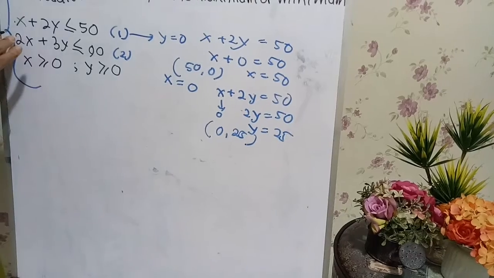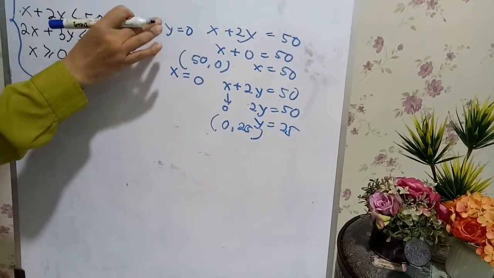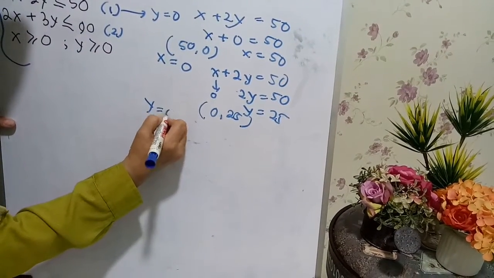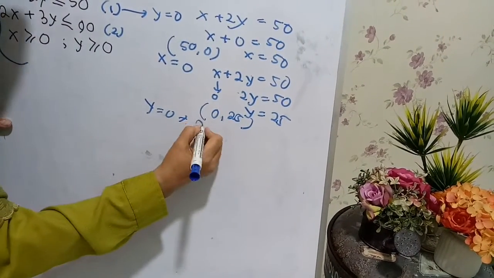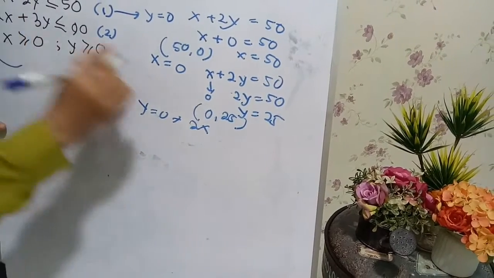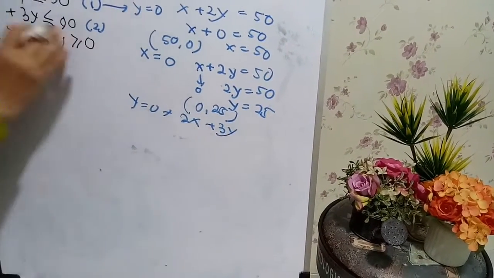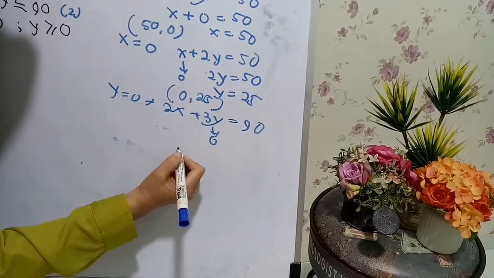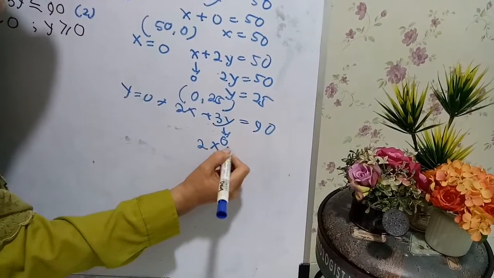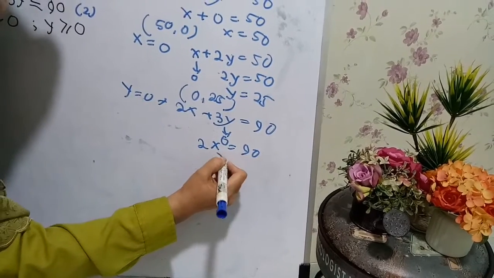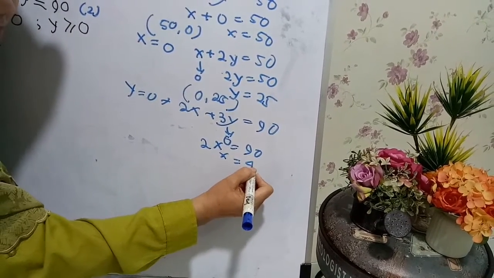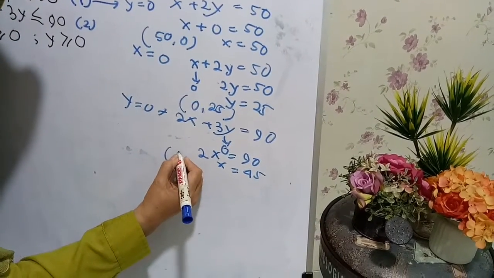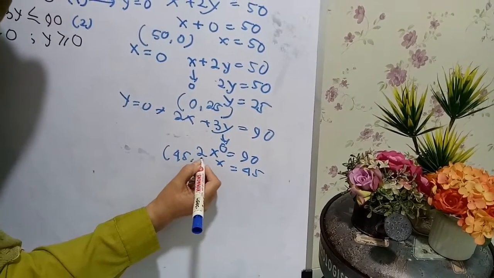How about equation 2? It's the same thing. So y equals 0: 2x plus 3y equals 90, and y is 0, gives us 2x equals 90, so x is 45. The coordinate will be (45, 0).